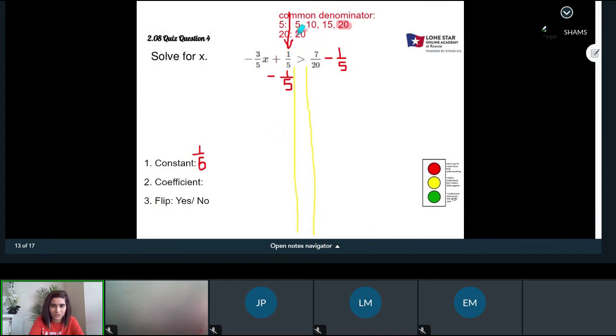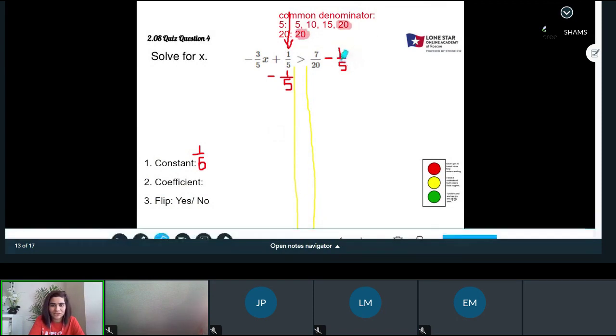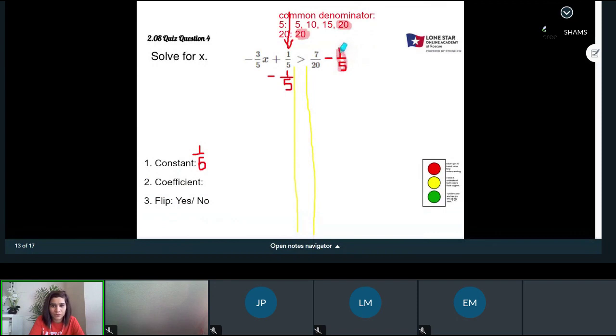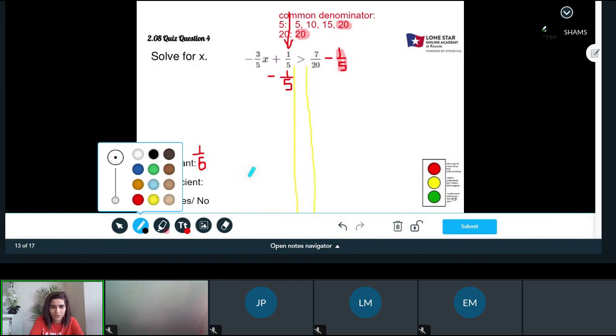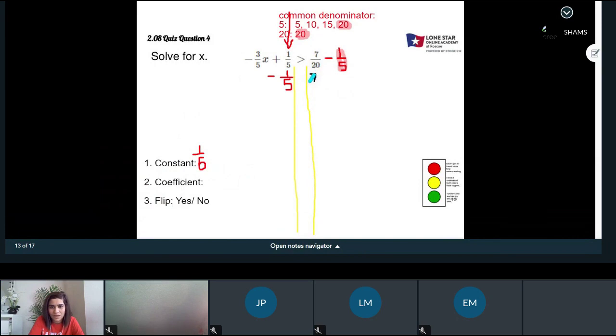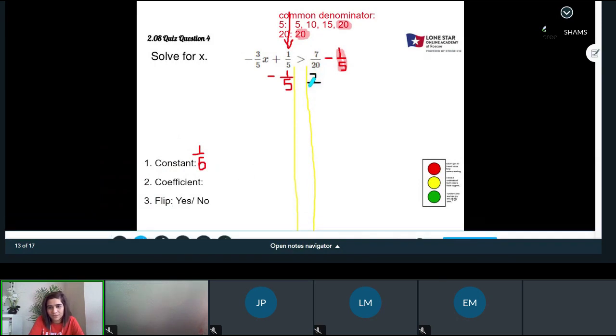Is that, yep, that's what you guys got. Common denominator is 20. That means I will just change this one to a new denominator of 20, right? And let me know if there are any questions. The first one already has a denominator of 20. So I have 7 over 20 minus the other fraction has to be over 20.